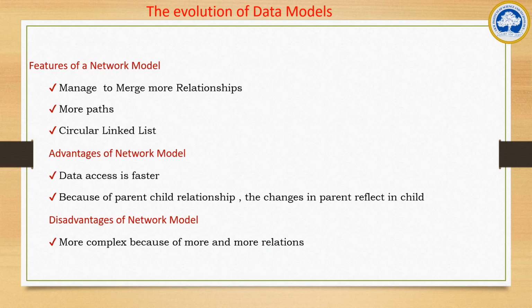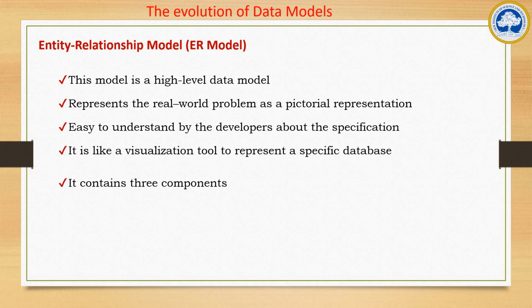Here the features are many to many relationships, as there are more paths, and we can apply a circular linked list. The advantage is faster access, and we can have the parent and child relationship. The same thing, whatever changes we make in a parent will reflect in the child. The difficulty is that it is a little bit complex because we have more relations.